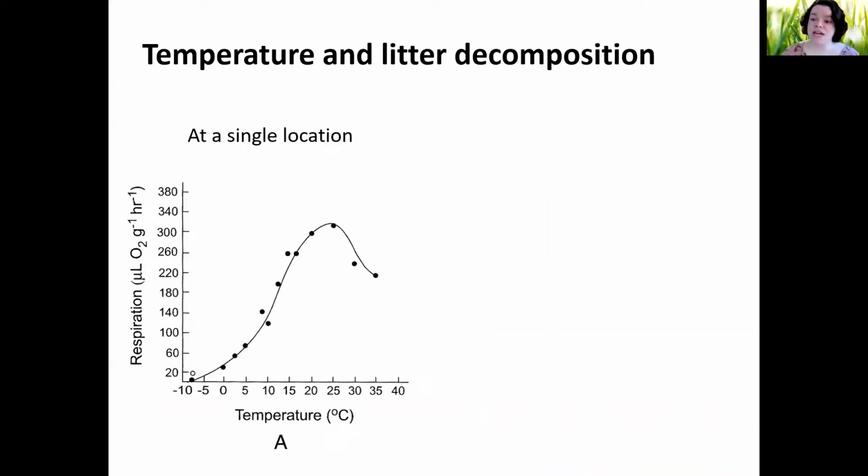At a single location, the rate of soil respiration has a monotonic relationship with temperature. The rate of decomposition will increase with temperature, just like any chemical reaction. Beyond that optimum, the organism's proteins may denature or cease functioning properly.